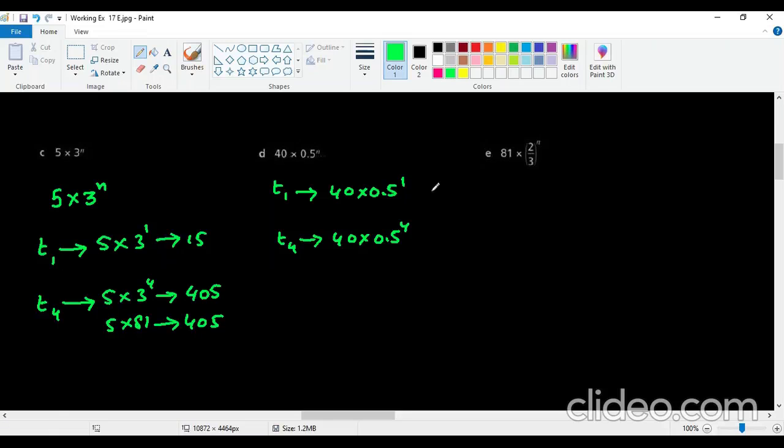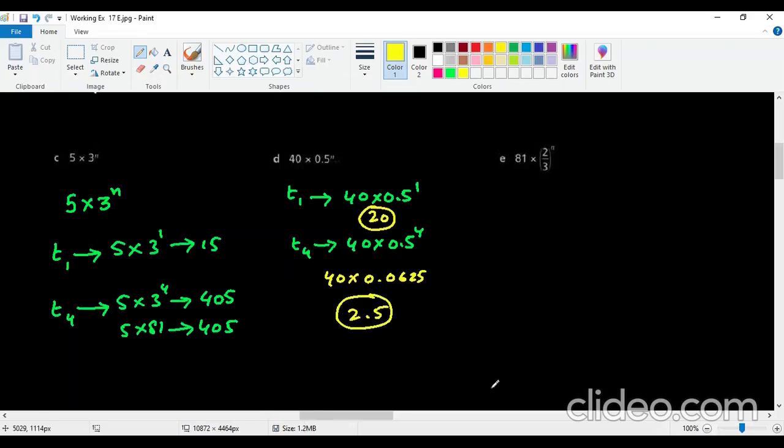The answer for this one is going to be 20, and 0.5 to the power 4 is 0.0625, so 40 times 0.0625. Finally, you will get 2.5 as an answer, which is term 4.